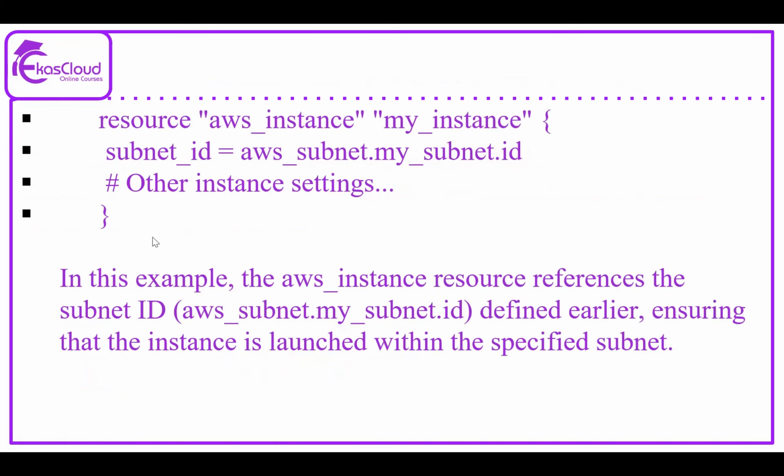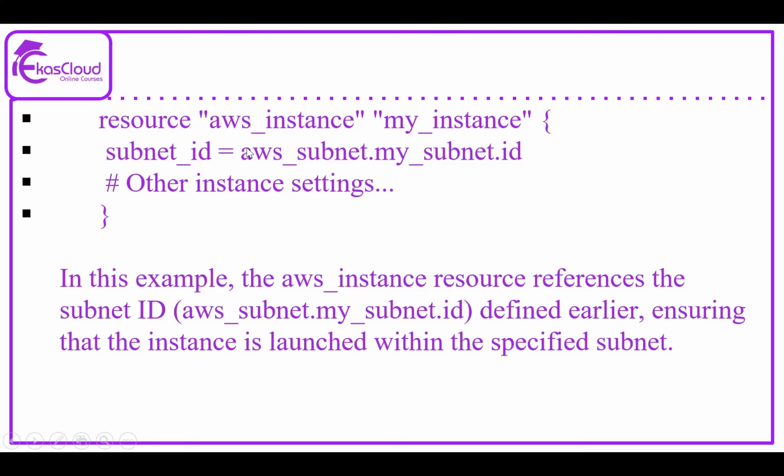In this second example, I have used aws_instance, and then here I have used my_instance as the reference name, and here you have to specify subnet_id equals aws_subnet.my_subnet.id.